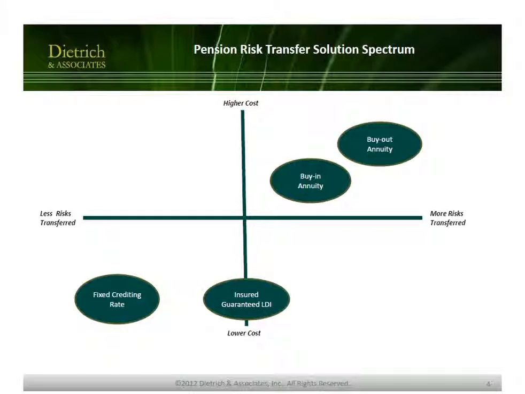As we walk down the center axis, we have yet another new innovative structure in the marketplace, which again saw its first buyer at the end of 2011, something called insured or guaranteed LDI. This is where an insurance contract guarantees the pension discount spot rate curve used to define the liability value.